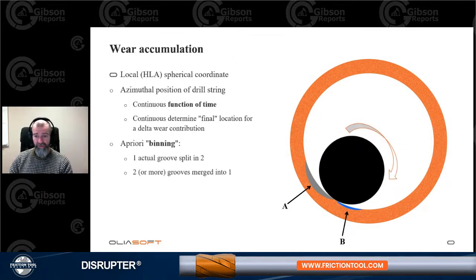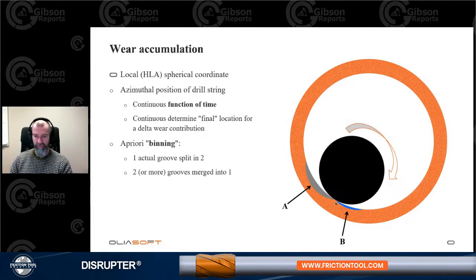So what's important to notice here is that you can try to figure out where it is, but you also need to figure out how you should actually accumulate the wear. So you calculated the wear volume for one section, you've done your analysis, and you found the depth, and then you basically have two choices, right?